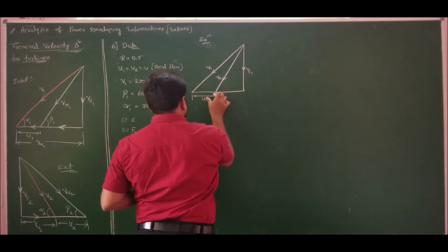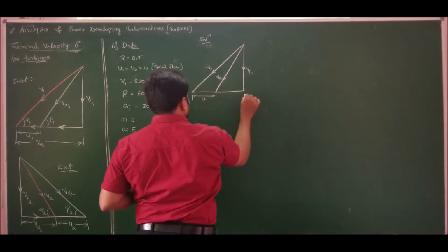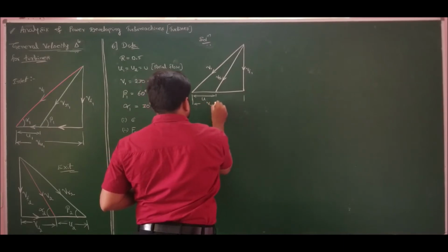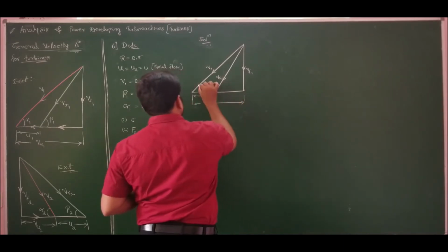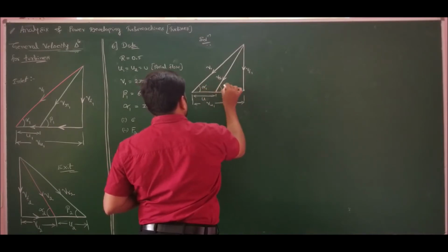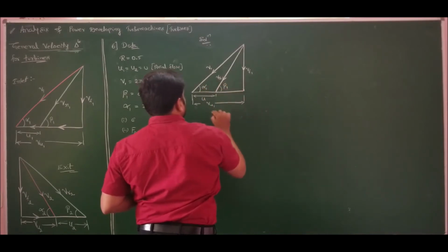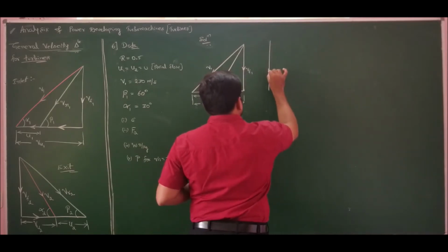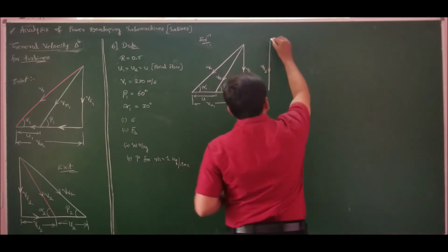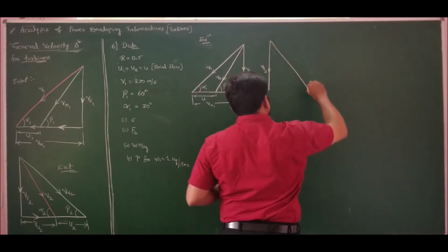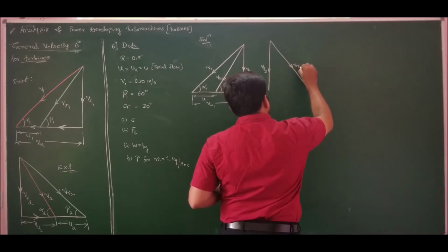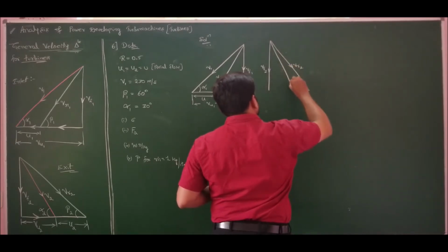Since it is axial flow, U1 is equal to U2 is equal to U. From V1 to Vf, we have the tangential component of absolute velocity Vu1. The angle made by V1 is alpha 1, and the angle made by VR1 is beta 1. At outlet we have flow velocity Vf2. It is axial flow, so Vf is nothing but Va. Let us take it as Vf itself. We have VR2, then we have V2.